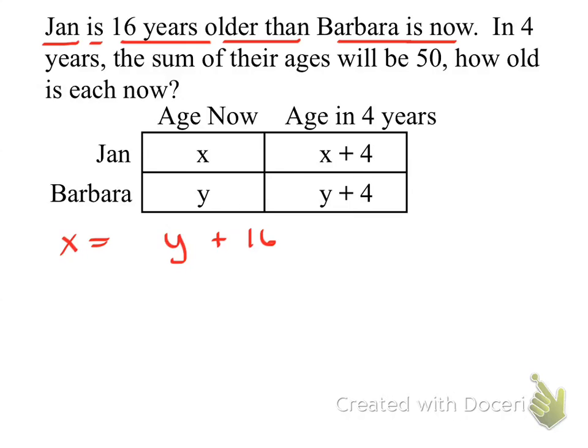Now, in 4 years, that means which time period am I using? The future one. I'm not going to use this. Instead, I'm using these terms. So in 4 years, the sum of their ages will be 50.